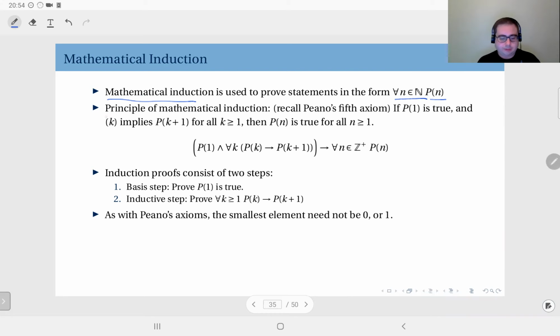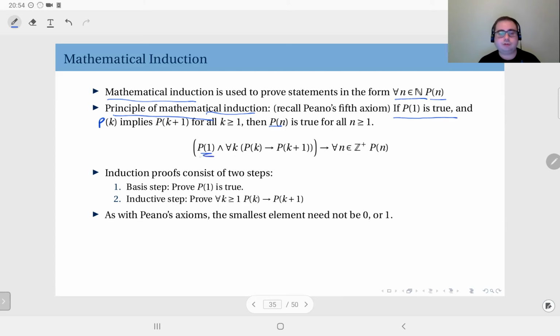The principle of mathematical induction, if you recall Peano's axiom, is stated here: if P(1) is true and P(k) implies P(k+1) for all the remaining integer values, then P(n) is true for all n greater than or equal to 1.